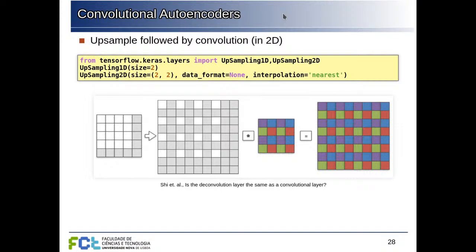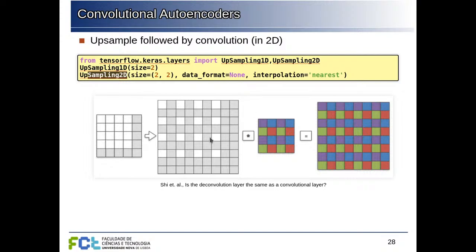So basically, the best way of doing this, the simplest and the way that doesn't result in some strange artifacts, is to use first upsampling with some kind of interpolation, for example, linear interpolation or simply nearest neighbors. This is what the upsampling 2D layer does in Keras by default, which is to create a higher resolution tensor from the original one by padding with values that are copied from the closest one in the original.